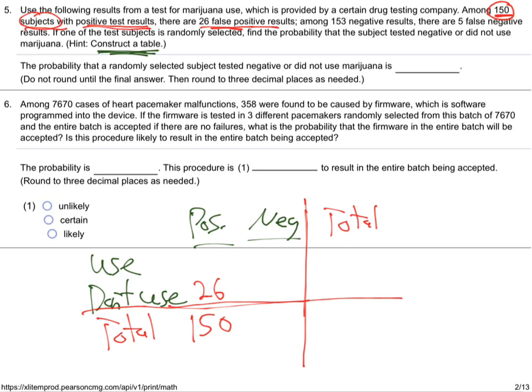Everybody see how I'm doing it? This is one of the hardest ones we've had so far. So this will be 150 minus 26, which is 124. We good so far? Is that making sense? Positive and users.